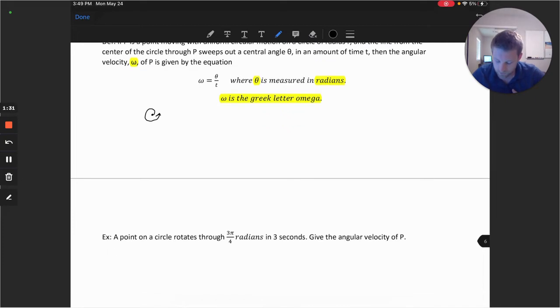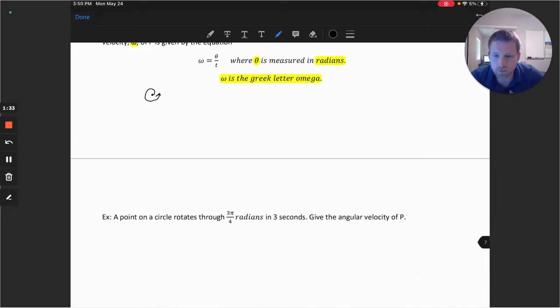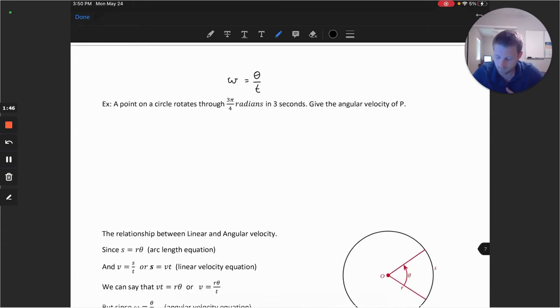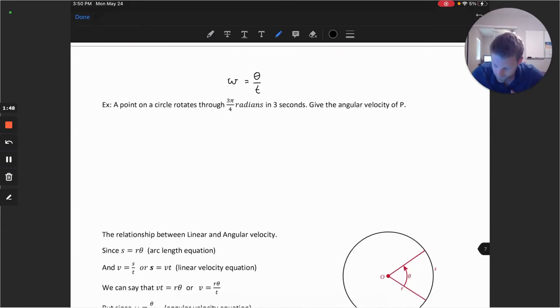So let's consider the first example here, and we'll jot down our omega is equal to theta divided by time. A point on a circle rotates through 3 pi over 4 radians in 3 seconds. Give the angular velocity of P, this point.